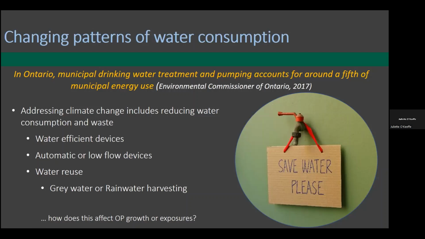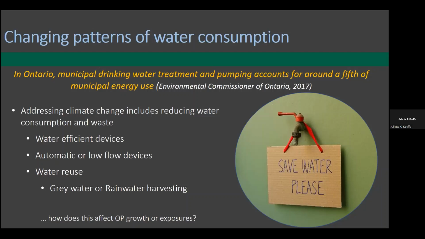And so addressing climate change also includes reducing water consumption and water waste. We're moving towards more water efficient devices. We're looking at automatic or low flow devices that reduce consumption, and also more types of water reuse, so gray water or rainwater harvesting. But does this affect our exposure to opportunistic pathogens?